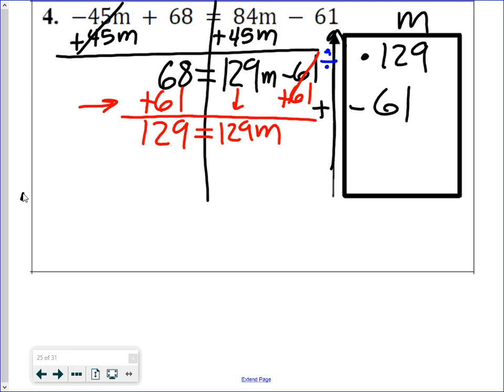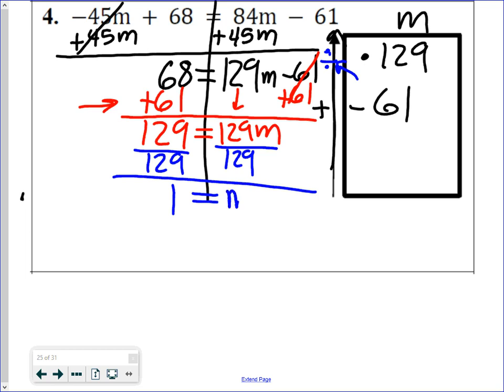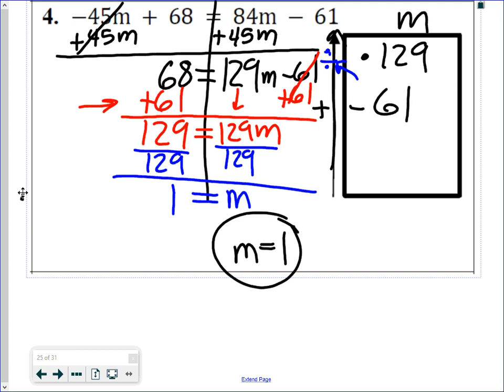Next step is to divide by 129, just like it says here. 129 divided by 129 is 1. And same thing here, we get 1m, or just m. So my answer is m equals 1. So we've used the box there. That's the trick: we move the smaller of the variables to the other side, and then we can use the box to solve it.